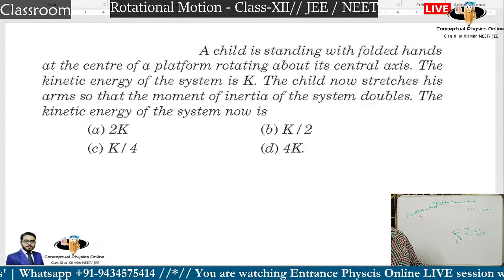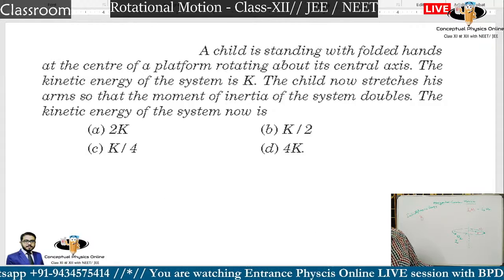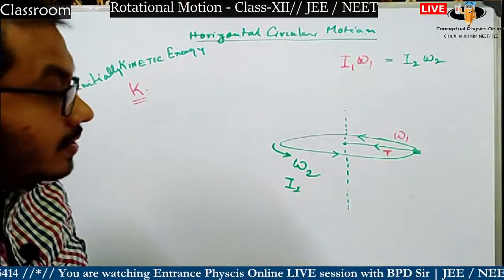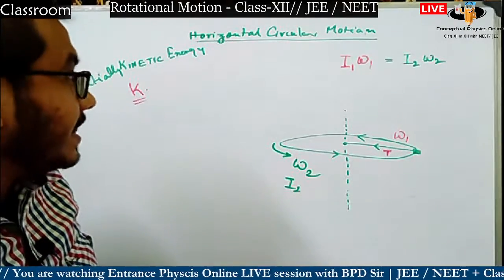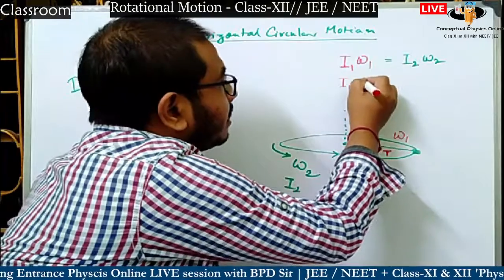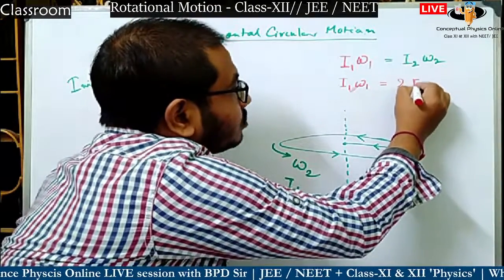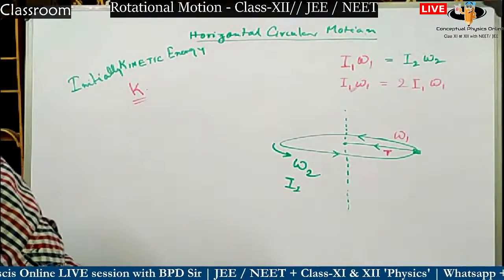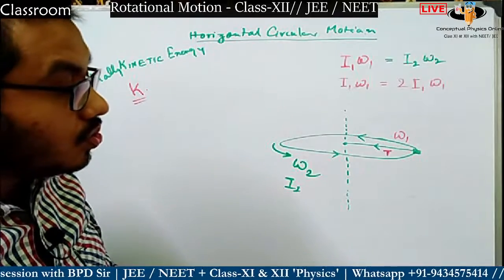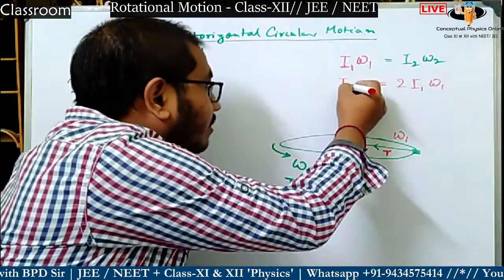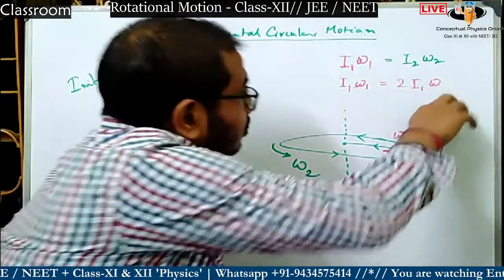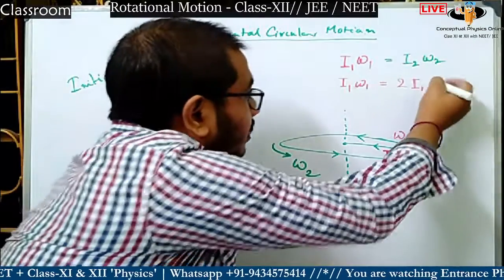Now from the given equations, I2 is twice I1, because the moment of inertia is getting doubled. So we can write I1 omega 1 equals 2 I1 omega 2.